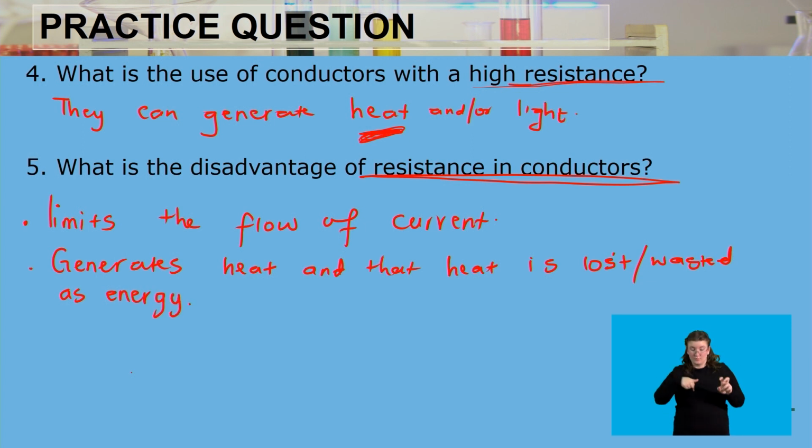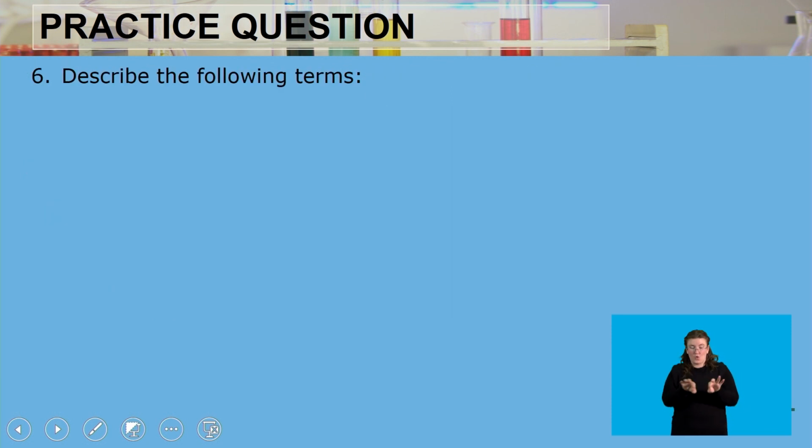So the energy that we want will not be the energy that we get, because some of the energy is going to be lost or wasted in the form of heat when there is that resistance between the conductor and the flow of current as it moves from one point to the other.